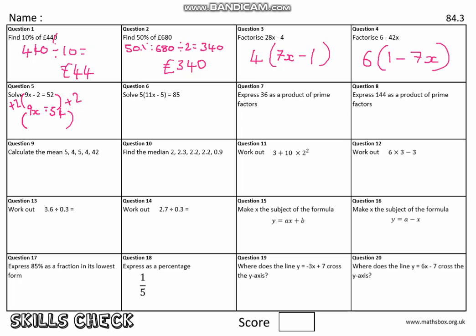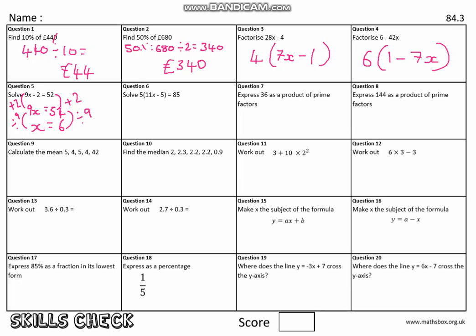But at the moment I've got 9 x's and I only want 1, so I'm going to divide by 9. Okay, and then all I've got left on this side would be x, and then on this side all I've got left is 6, because 54 divided by 9 is 6. So now I know that x equals 6.